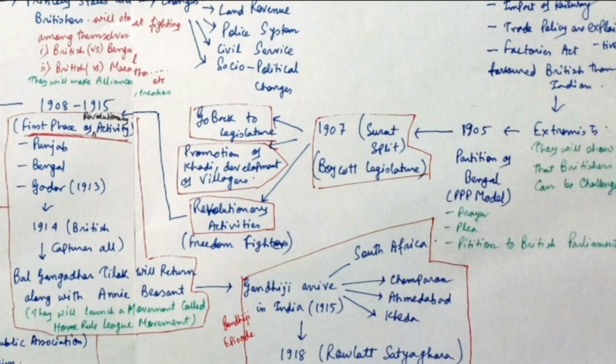So that will be his training ground, and after gaining those experiences from South Africa, he will do all kinds of revolutionary things for Indians as well, but all in a non-violent way.